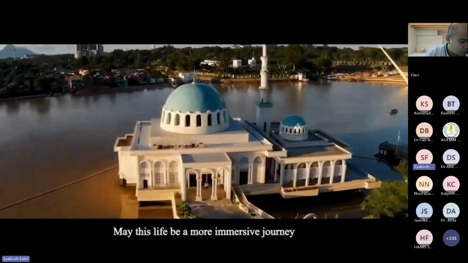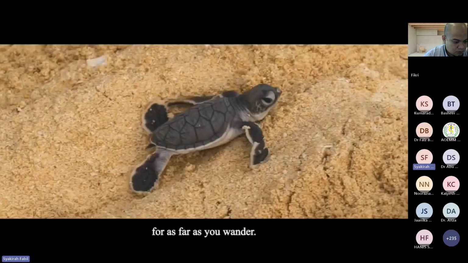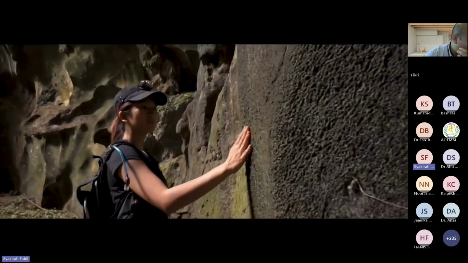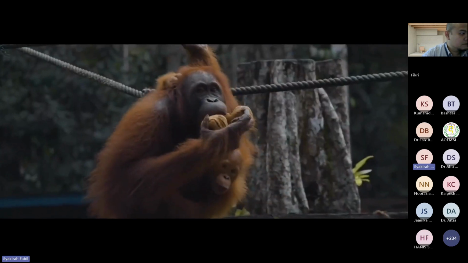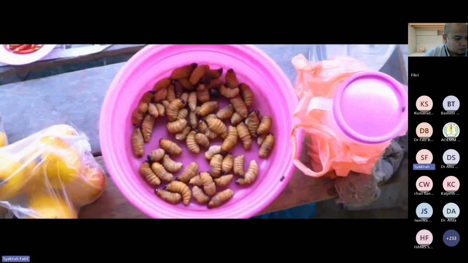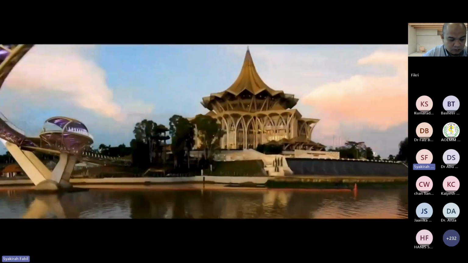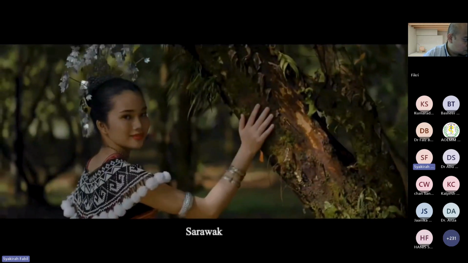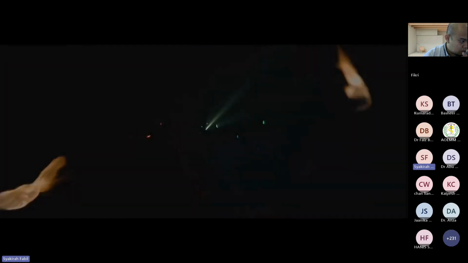May this life be a more immersive journey for as far as you wander. Sarawak, your journey begins here.